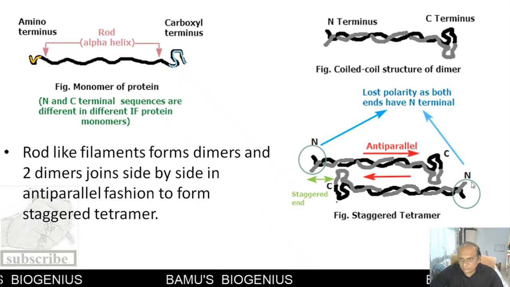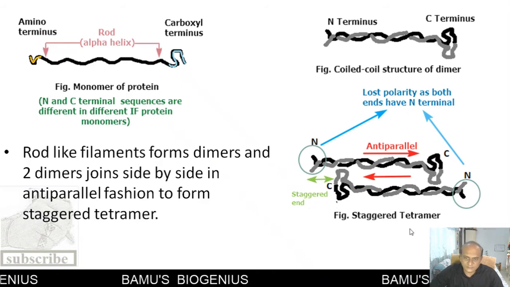So this is what we call a loss of polarity when they form a tetramer. So this is known as a staggered tetramer.